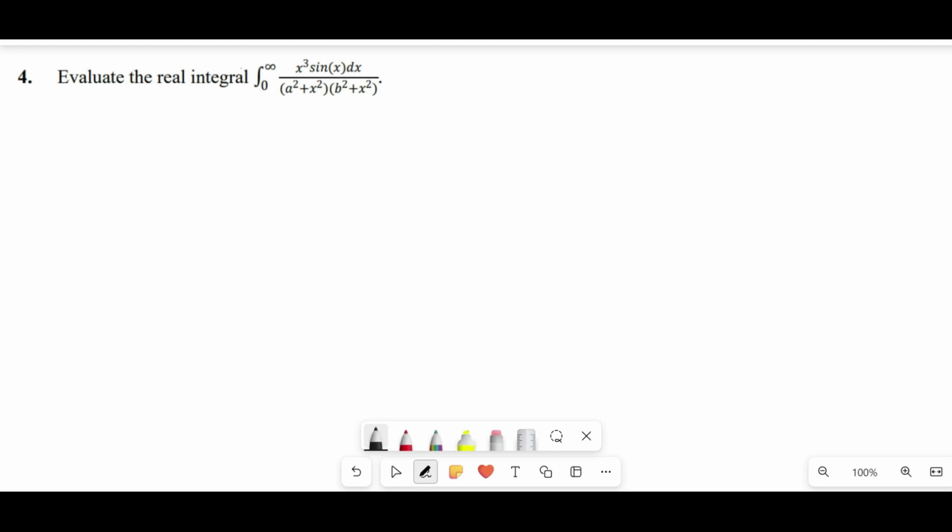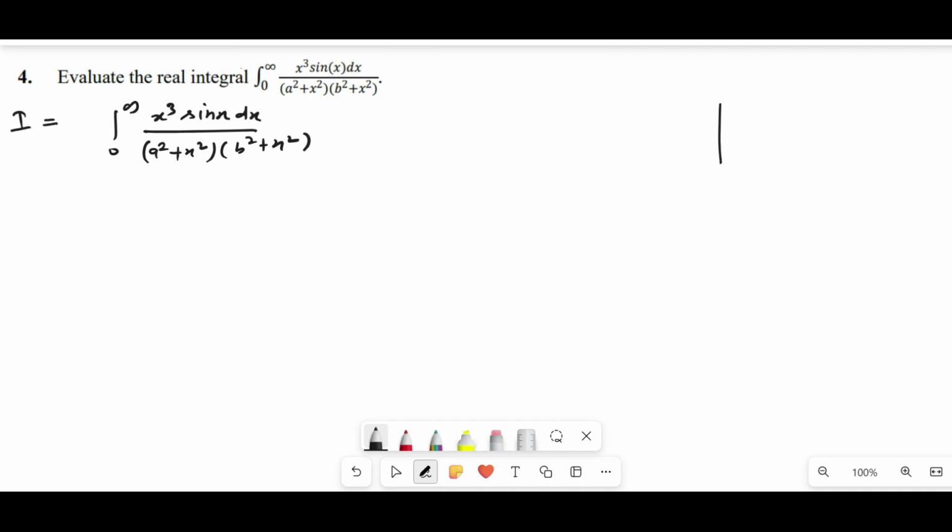So now in this problem, let us consider the given integral I, 0 to infinity x to the power 3 sin x dx over (a square plus x square)(b square plus x square).